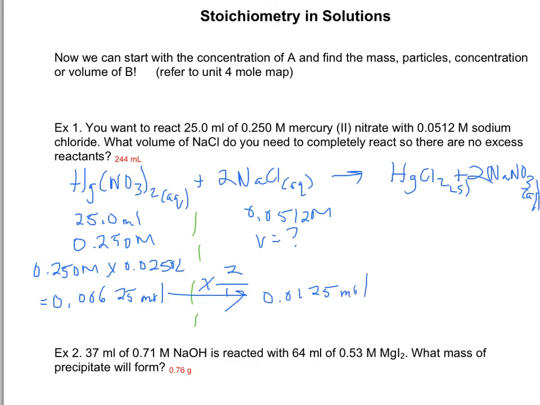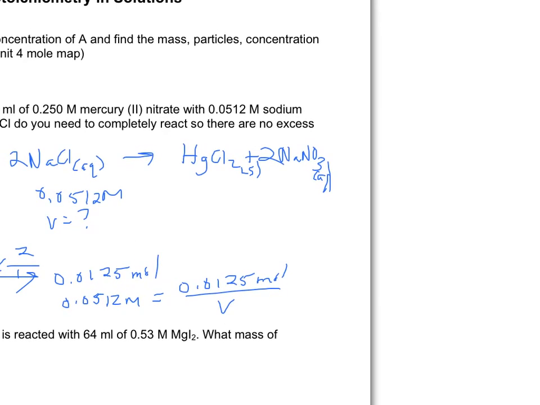Now, in order to find the volume of sodium chloride solution I need, again, because it's a solution, I'm going to use the equation C equals n over V. I have the C, that's 0.0512 mole per liter, and I have the moles, 0.0125. So then I just rearrange this equation and find V. My calculator's telling me that V equals 0.24414.